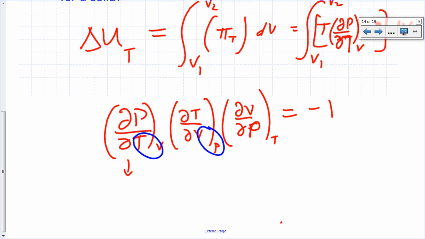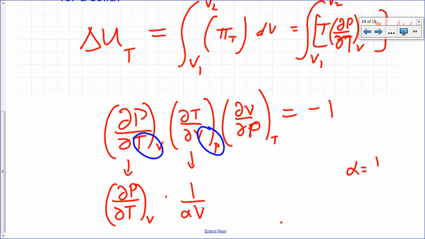This is the partial of P with respect to T at constant V. That's what we want to solve for, right? What's the partial of T with respect to V at constant pressure? It's 1 over alpha V, right?